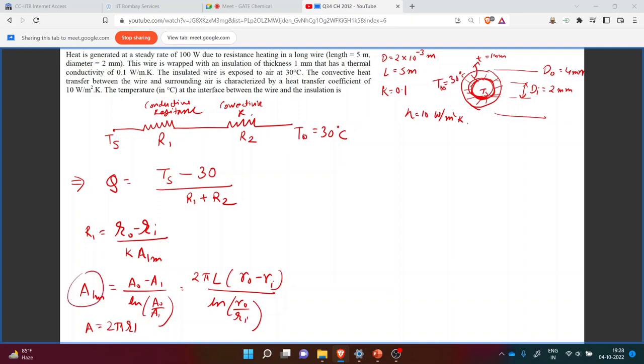Now we can put this value of ALM over here: r0 minus ri upon k times r0 minus ri upon ln of r0 upon ri, and we also have this 2 pi l. This r0 minus ri will get cancelled out, and R1 we will be having as ln of r0 upon ri upon 2 pi kl. That is the conductive resistance within a cylinder. You can straight away remember this formula.